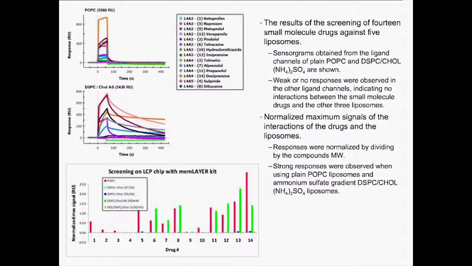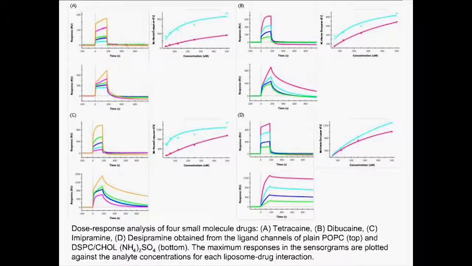And it depends on both the small molecule and the liposome properties. And you are able to use this model for quantitative analysis of the binding affinity and penetration capability of the small molecule drugs with the liposomes.